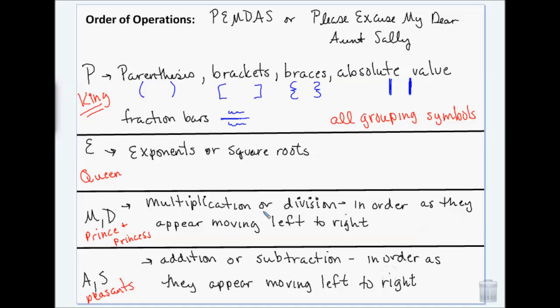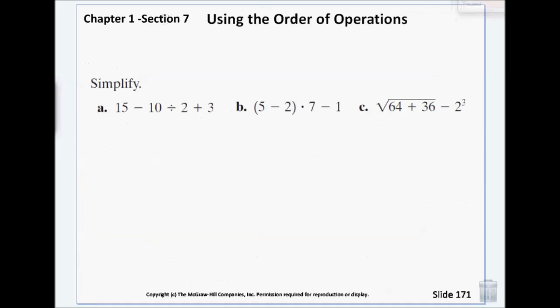Okay. We have subtraction, division, addition, so we're going to do the division first. So that's going to be 15 minus 5 plus 3. Okay. Everything else just gets written down exactly the way it was.